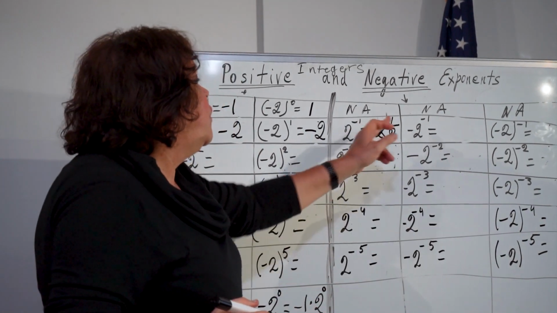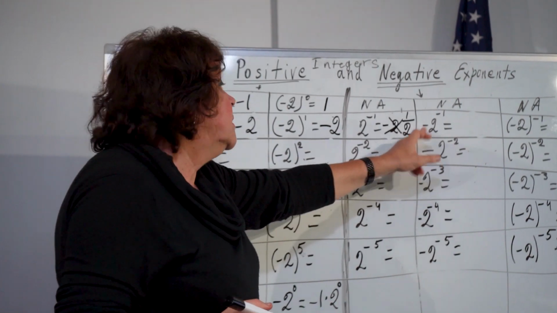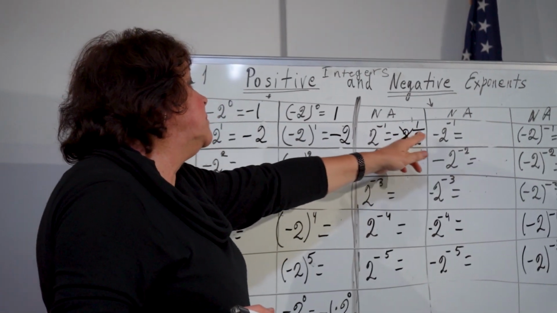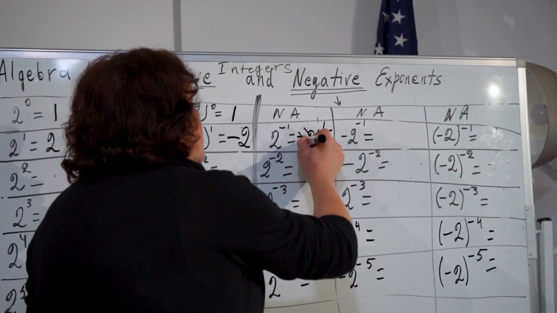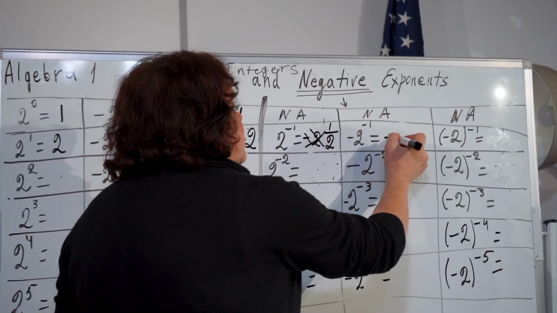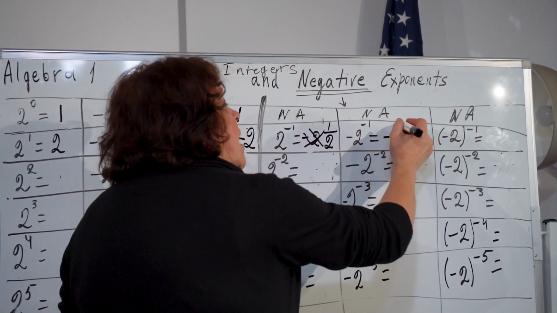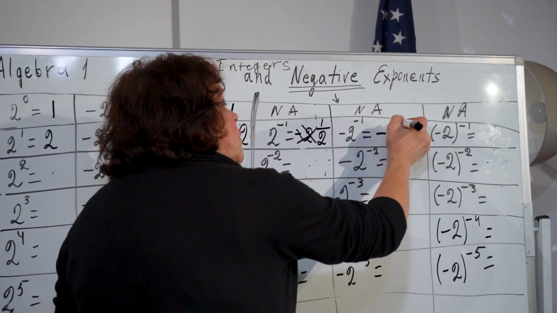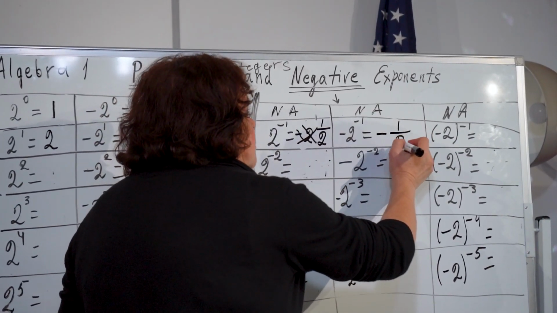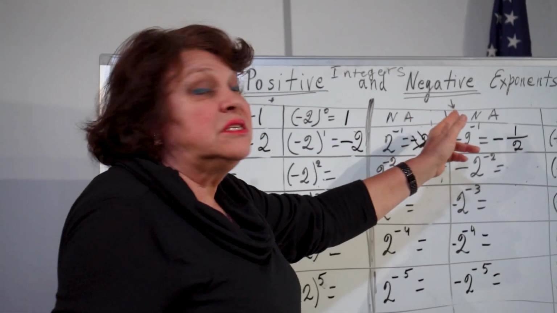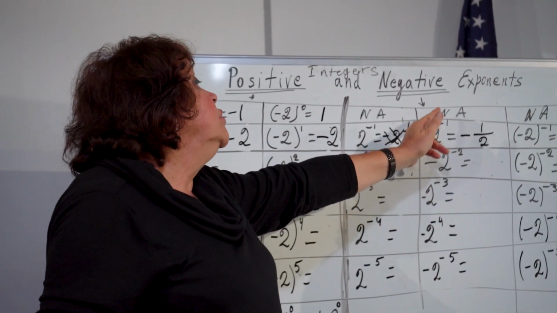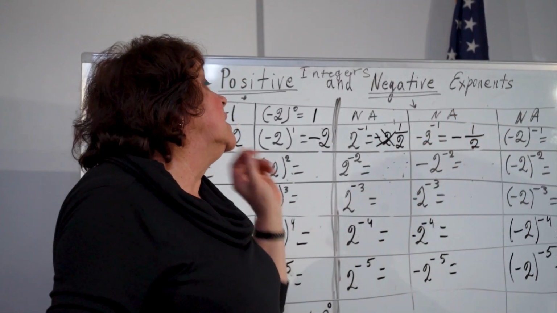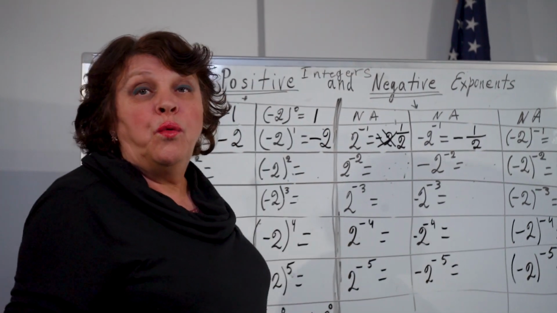Okay? So if it's negative, everything is the same except the answer going to be negative. So here it's going to be negative, this one. And then this becomes 1 over 2. So if it's negative 2 without parentheses to the power of negative 1, it's going to be negative 1 over 2.